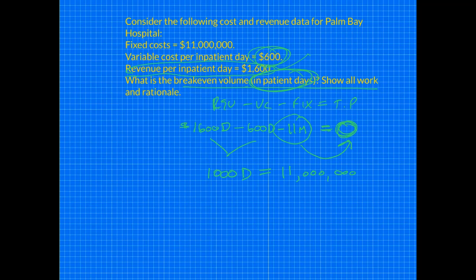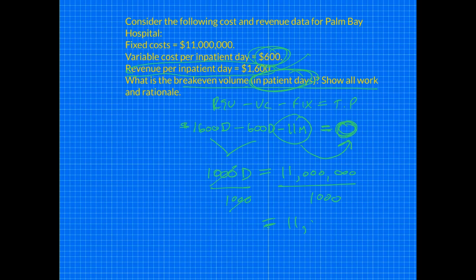And now, what are we going to solve for? Like I've said, we're solving for D, okay? So you divide by 1,000. That gets rid of that. That gets rid of that. Divide by 1,000.